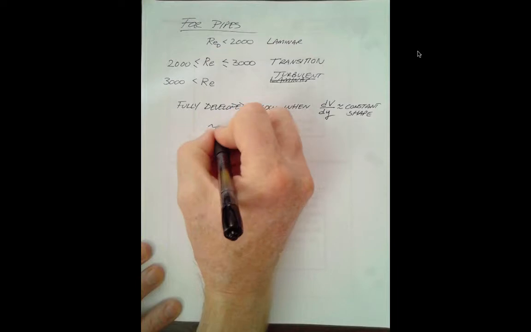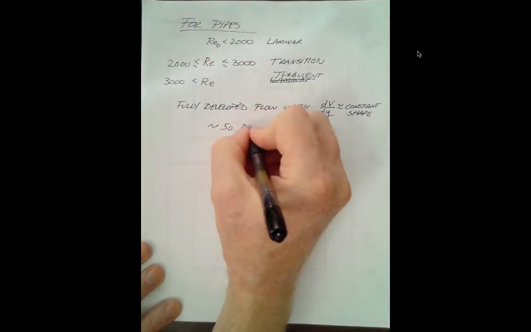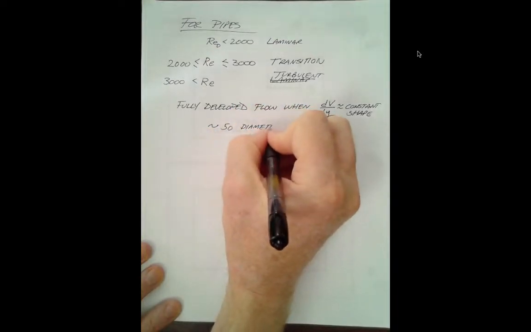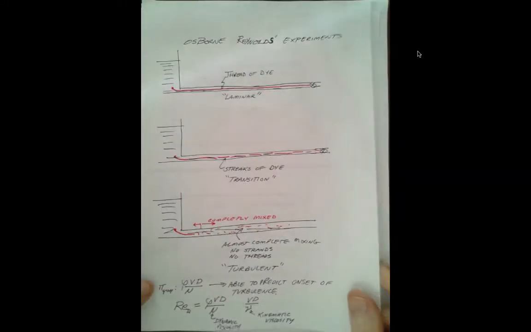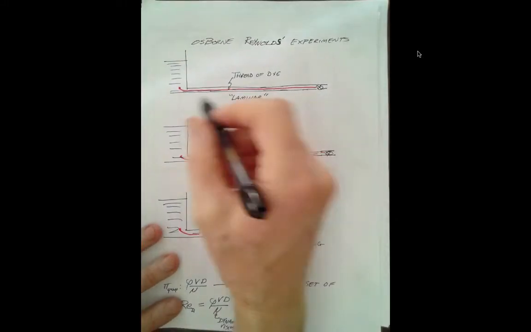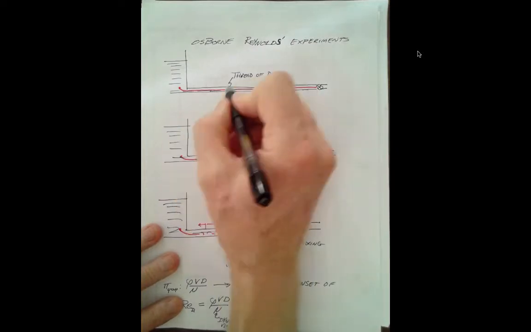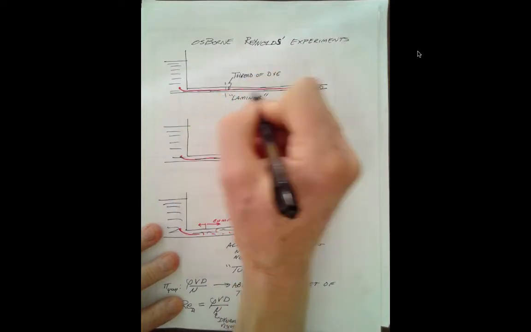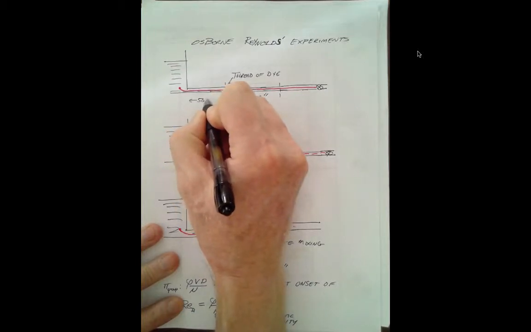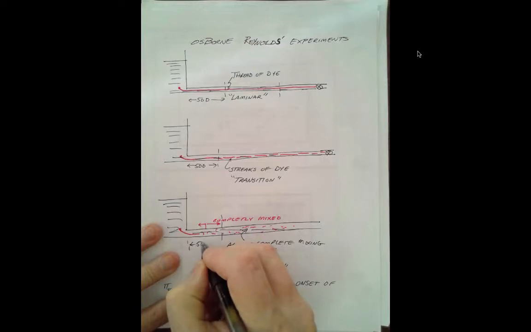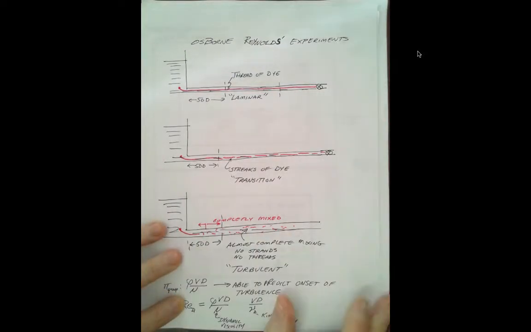Typically that takes about 50 diameters. So if we were to look back at our Reynolds experiment, the distance where we would start looking at things would be about 50 diameters. And that matters in the experimental design.